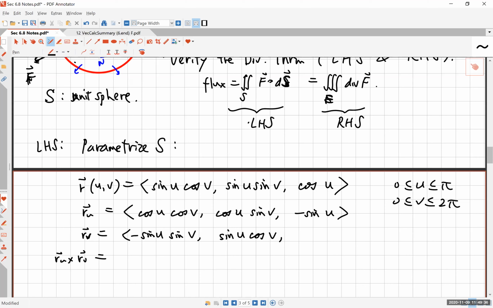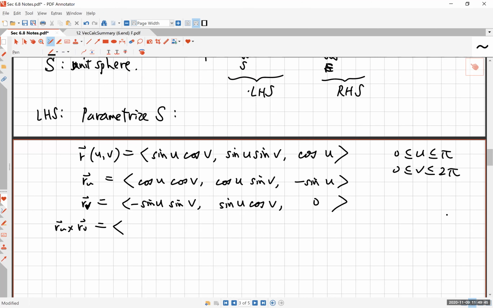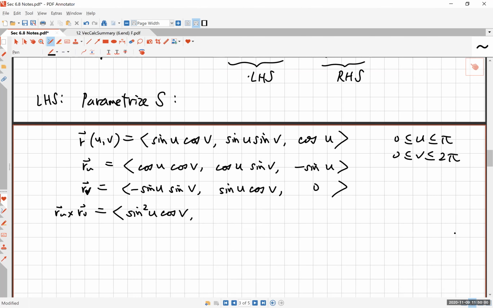Remember, we are just taking the derivative with respect to v, so the last one will be 0, okay? So then you calculate, and this is a big product here, but the first component will be 0 minus negative, so this will be positive sine squared u cosine v. I strongly encourage you to do this on your own and follow along. And then the next one will be positive sine squared u sine v minus 0.